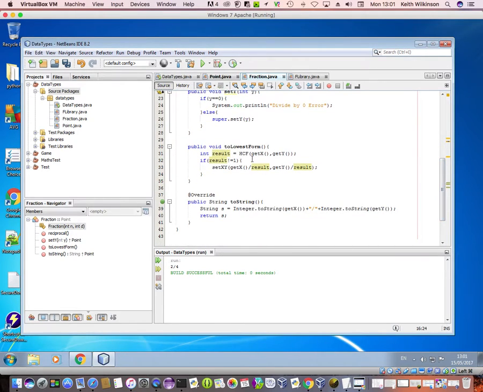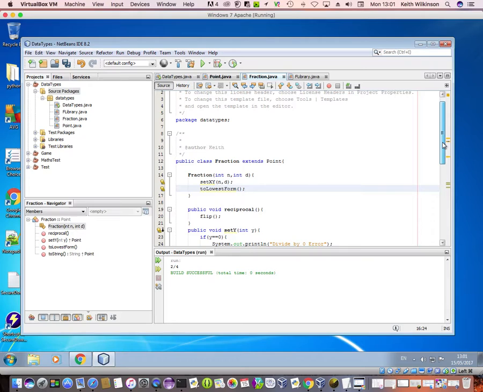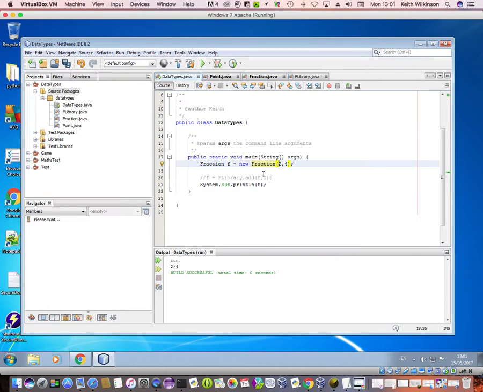It's going to run through the highest common factor, and it's going to reduce the x and y values that are stored in the fraction. So all I've got to do is test it. If we remember last time on data types when we tried it, fraction 2/4, we got 2/4. I'm expecting 1/2 now.